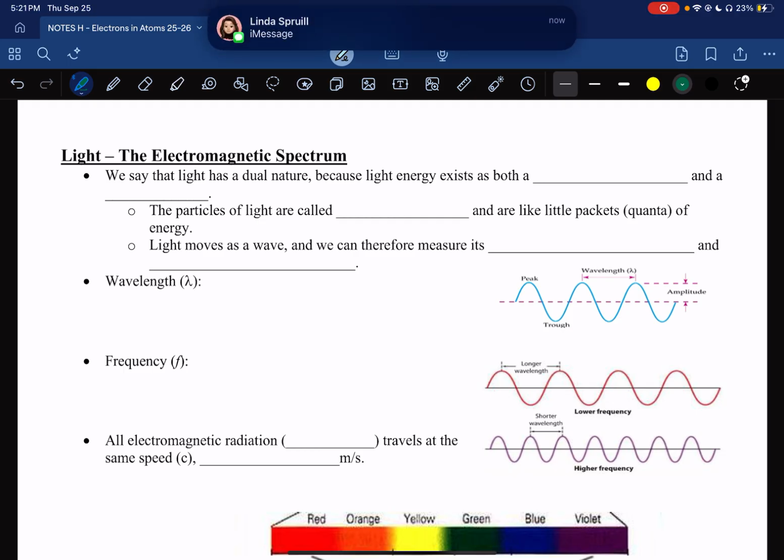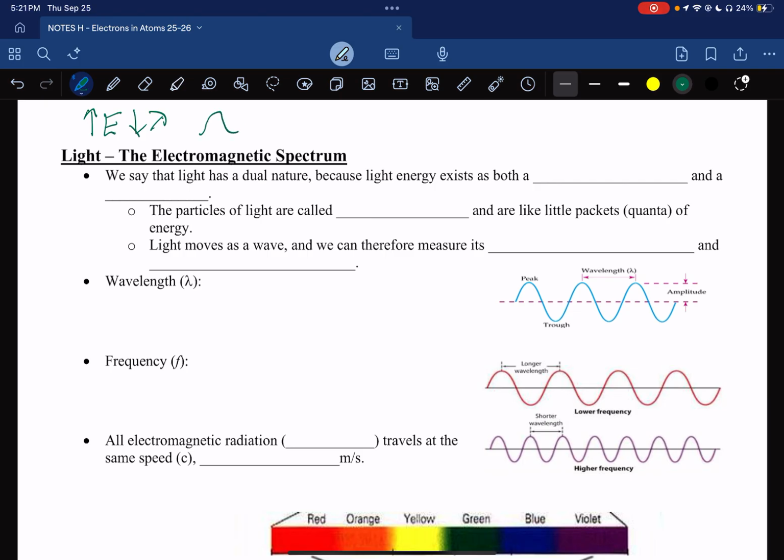That means that if you have high energy, you have a lower wavelength. And when I say lower wavelength, I mean that the distance between the peaks, which is usually measured in nanometers or meters, is lower. It's a smaller distance.